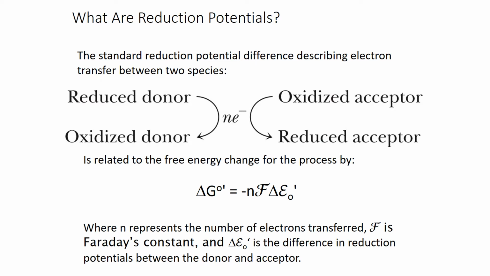We're going to take a look at the standard free energy, and we can calculate that by the negative number of moles of electrons that are transferred, multiplying the Faraday constant, which is 96,482 joules per volt mole, and delta E. So this is the change in the standard reduction potential. And we're going to do some problems that involve this equation.